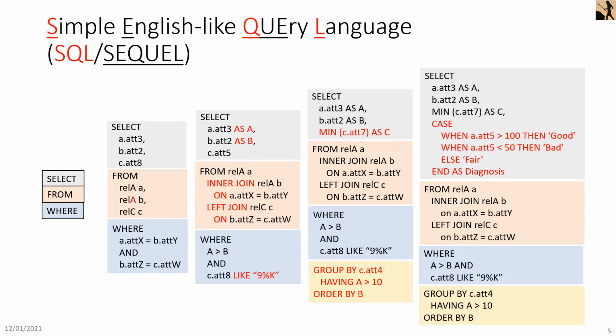For example, here we like to set two thresholds for a particular attribute value. If it's higher than the higher threshold, it's good. If it's below the lower threshold, it's bad. And something in between, we call it fair.